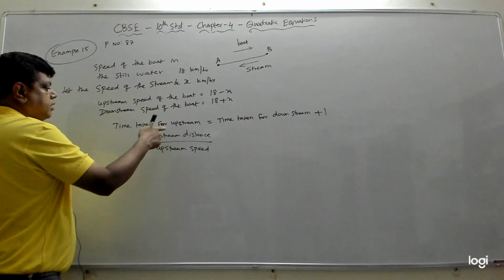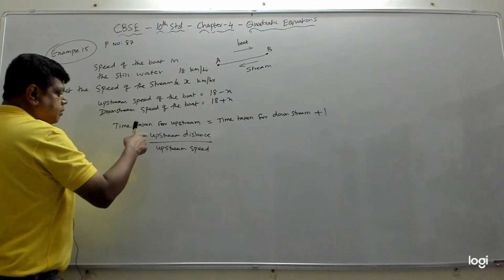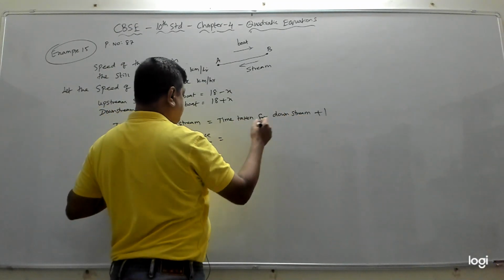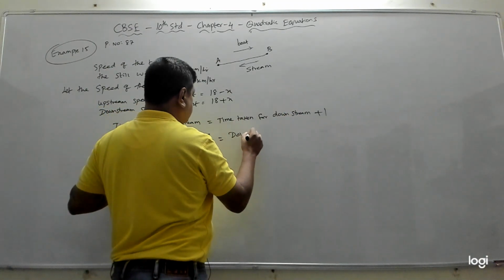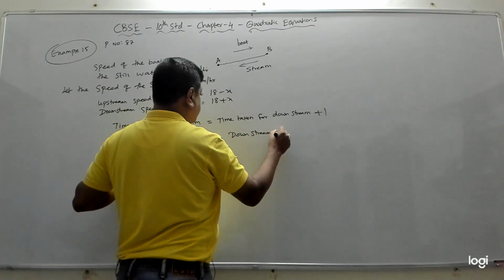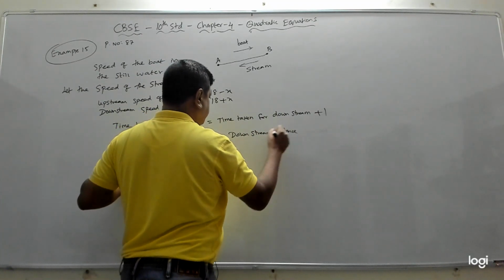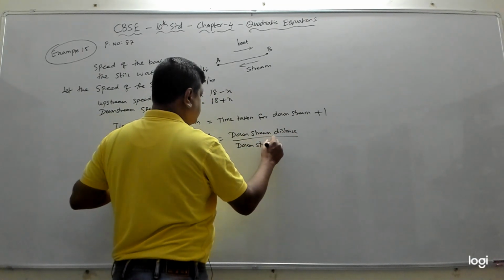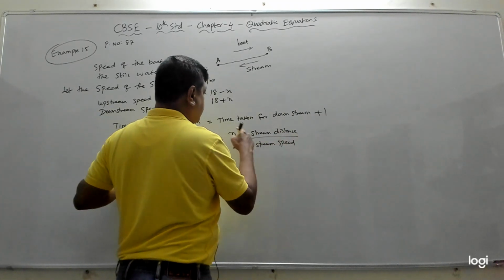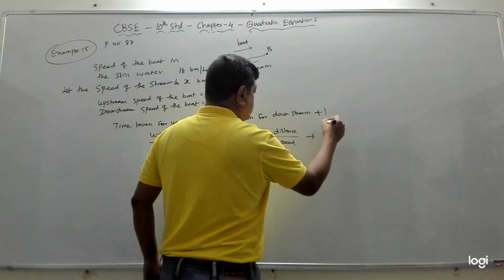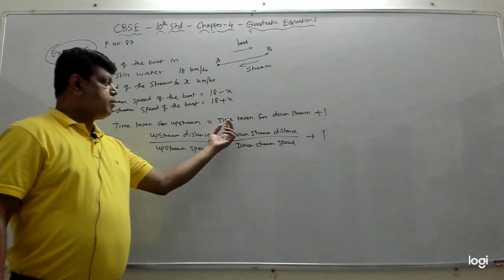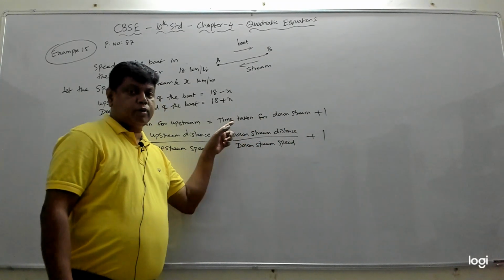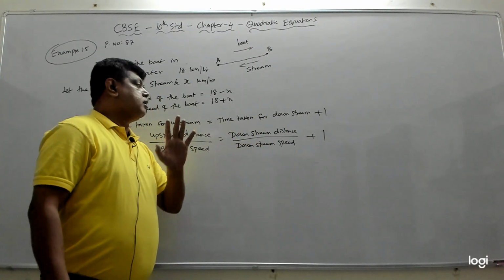That is equal to the time taken for downstream, which is downstream distance by downstream speed, plus 1. So time is distance by speed. Since we are talking about the downstream time, it should be downstream distance by downstream speed.